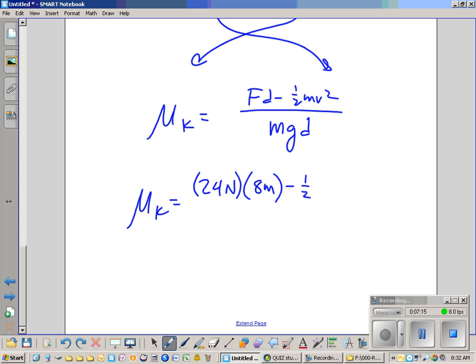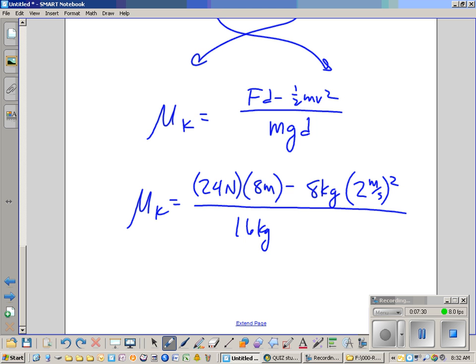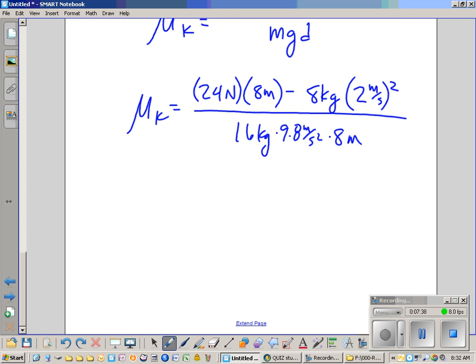M was 16, so let's just shortcut that and say 8 kilograms, because that's 1/2 of 16. And so 2 meters per second, that whole thing squared, over 16 kilograms times 9.8 meters per second squared times 8 meters. There's a lot of math in there, but it's all calculator math.